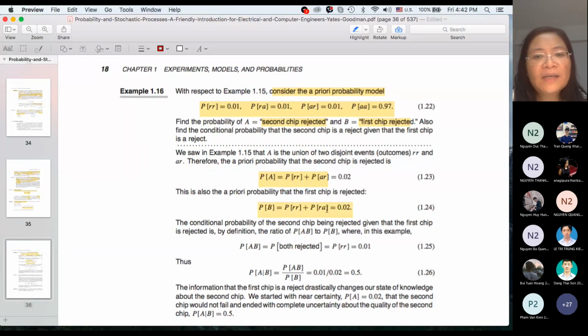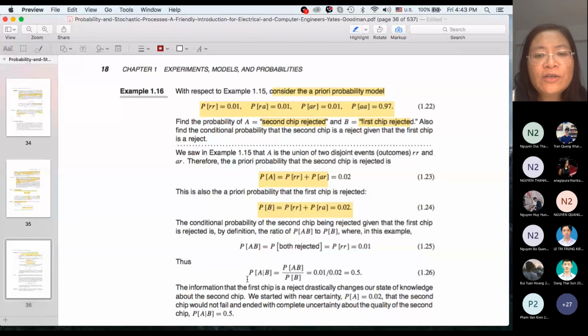The probability of B, the first circuit rejected, is RR and RA, so RR is 0.01 and RA is 0.01. Now, the probability of A and B, both rejected, is RR, 0.01.